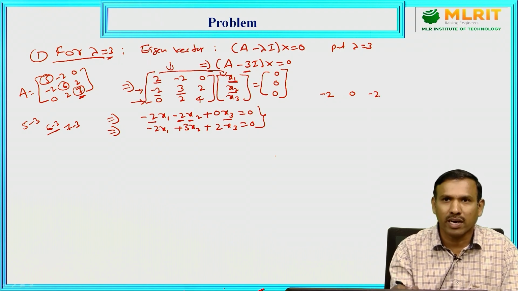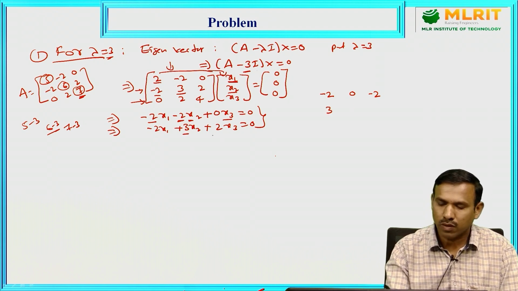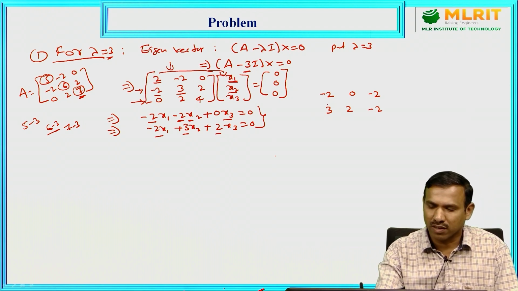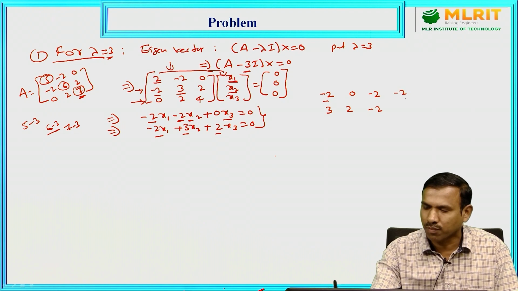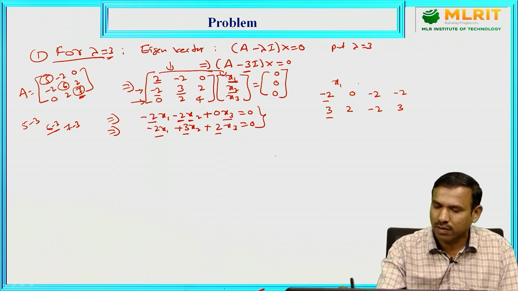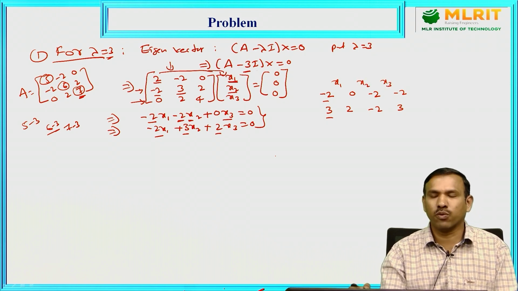Next, coming to the second equation, x2 coefficient 3, x3 coefficient 2 and x1 coefficient minus 2, and repeat the first one, here minus 2, again repeat here minus 2, 3 again 3. This one is x1, this one is x2, this one is x3. We need to find x1, x2, x3.